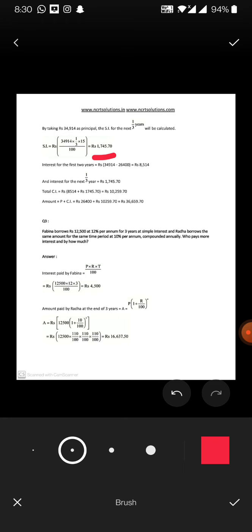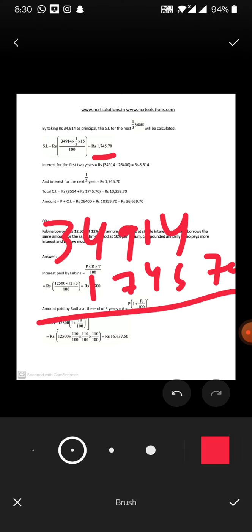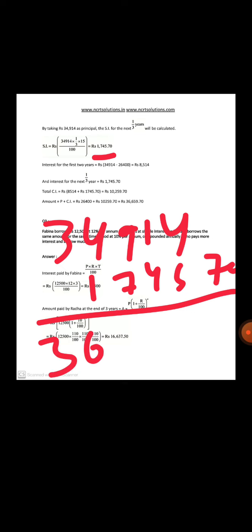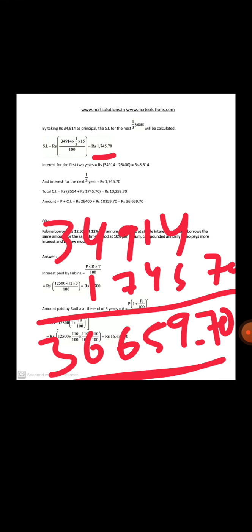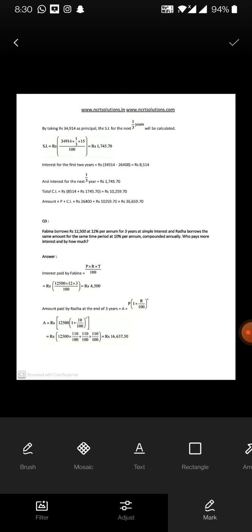Adding now 34,914 plus 1745.70, we get 36,659 rupees 70 paise. Clear? So this is the total amount Kamla needs to pay after 2 years 4 months. Clear? Now let's get to the next question.